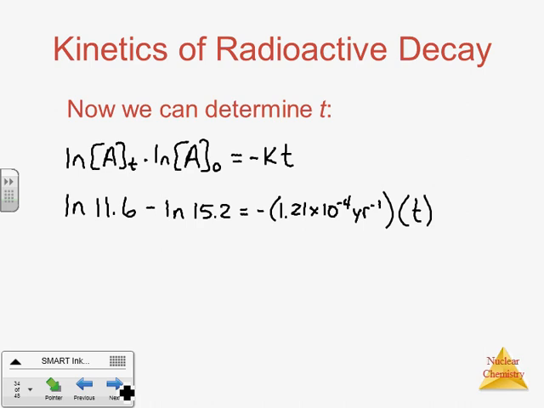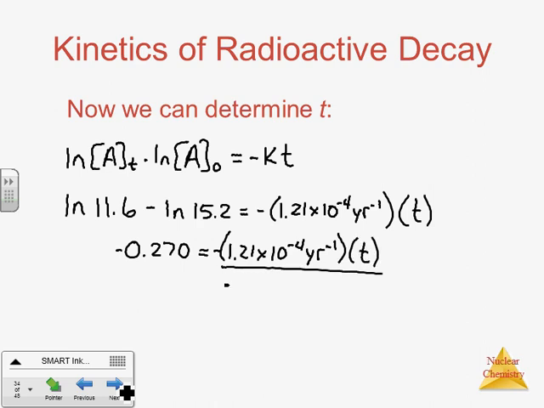Natural log of 11.6 minus the natural log of 15.2 should give you a negative 0.270 or so, and that's equal to negative 1.21 times 10 to the negative fourth years to the negative 1 times t. So if we divide both sides by this k, that should give us our time, and that would tell us the age of the sample in years, because this is years to the negative 1 right here.